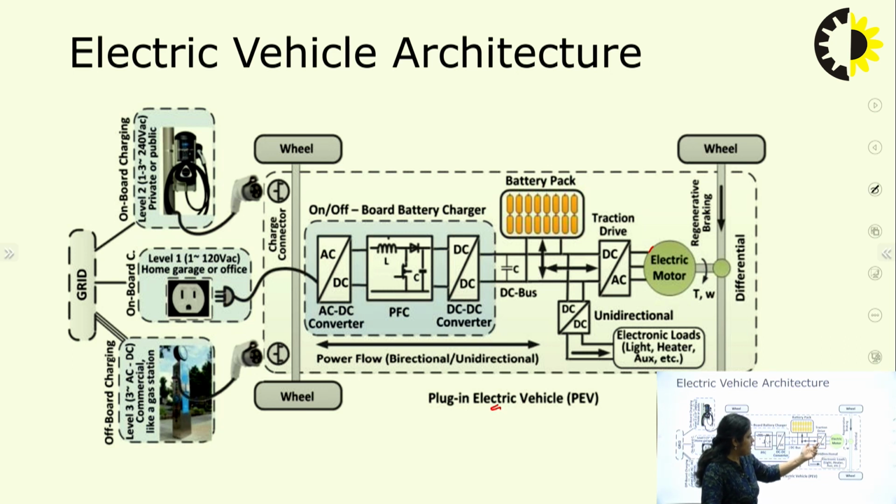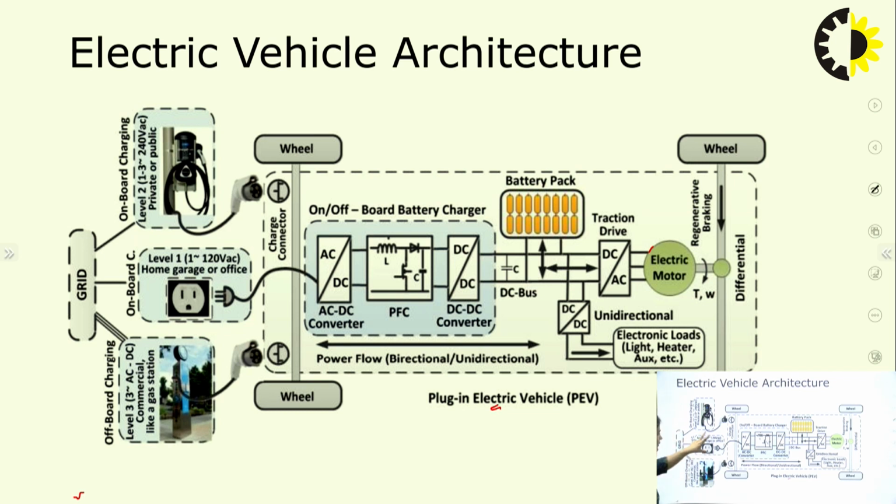And this DC can be obtained with the help of this battery bank, or this is the charger, right? How to charge this battery? This is the charger, and this charger can be an onboard charger or an offboard charger. Onboard charger means it is inside the vehicle. Offboard charger means it is outside the vehicle, right?